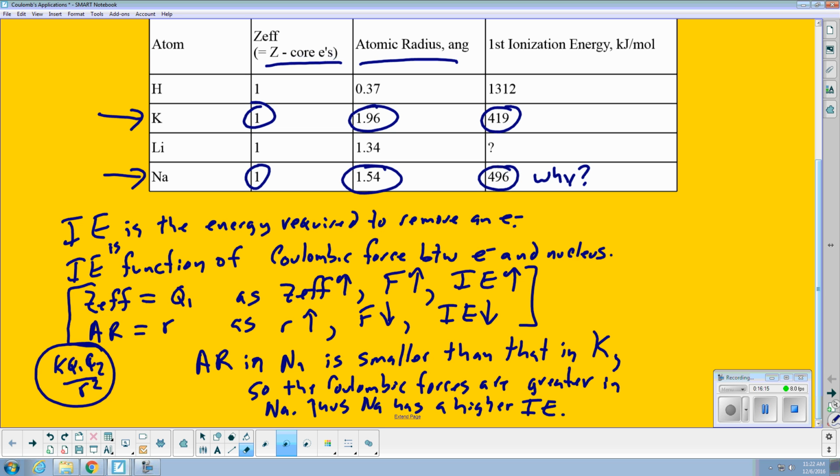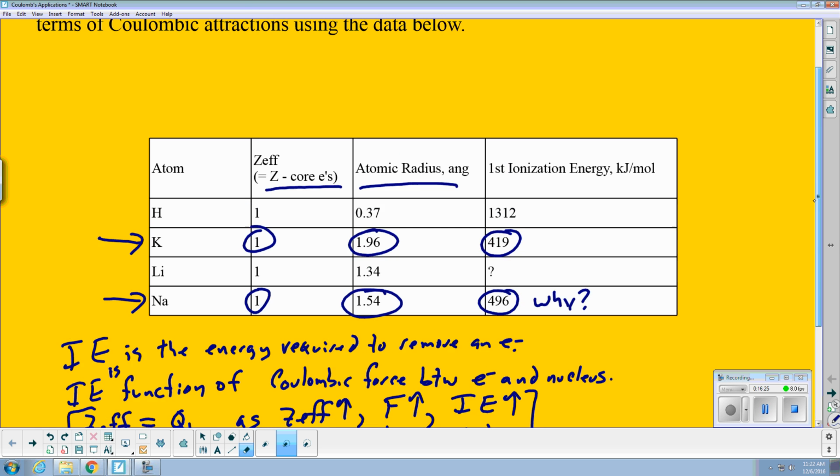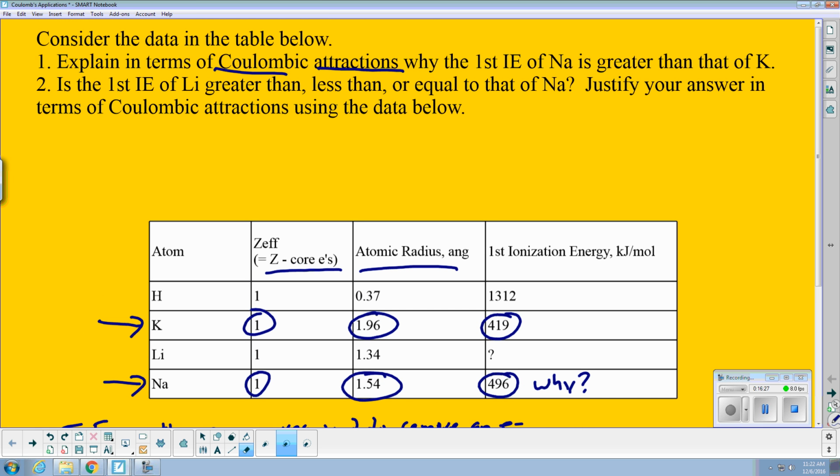Sodium, the atomic radius of sodium is smaller than that in potassium, so the Coulombic forces are greater in sodium. Thus, sodium has a higher ionization energy. Good. Let's see if we can do the next one. Is the ionization energy of lithium greater than, less than, or equal to that of sodium?